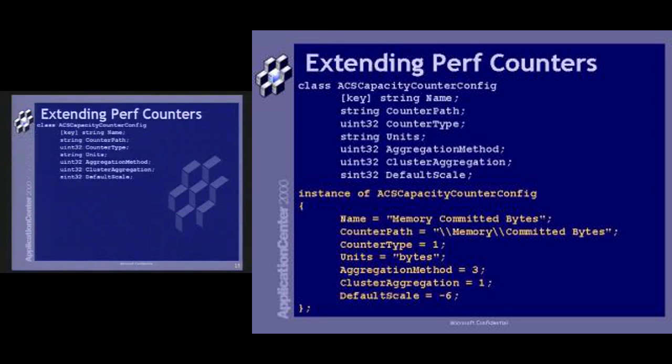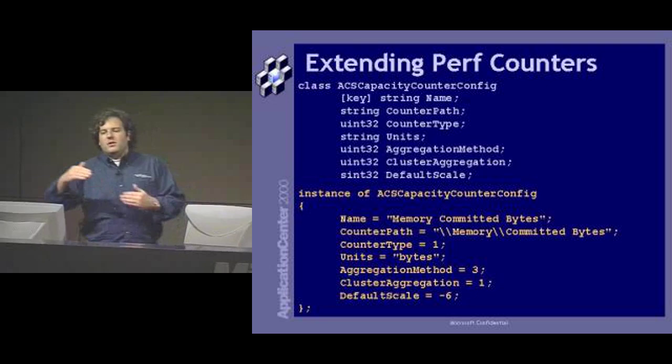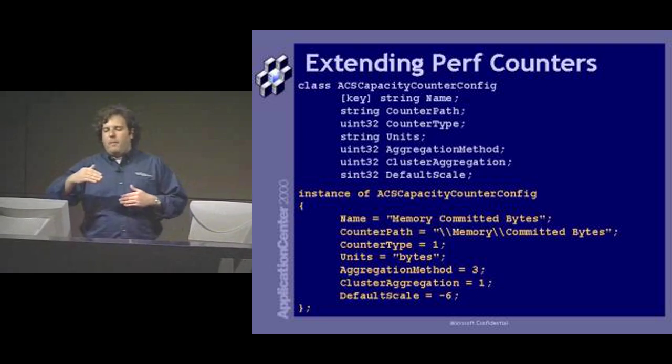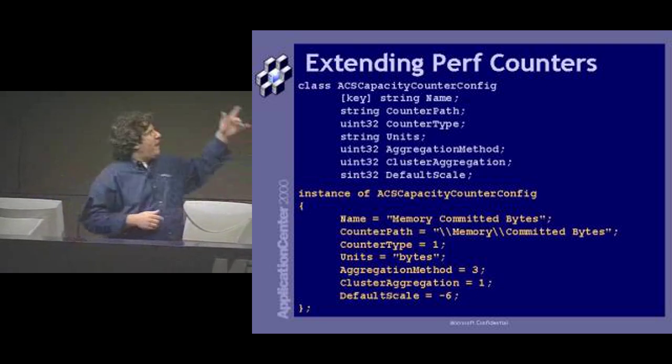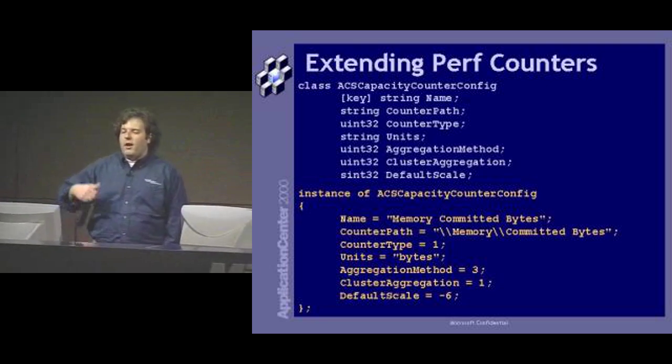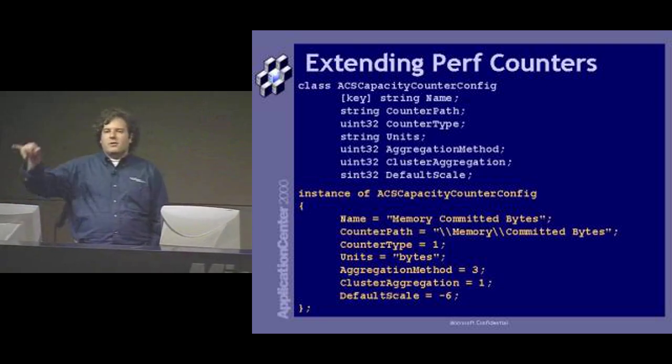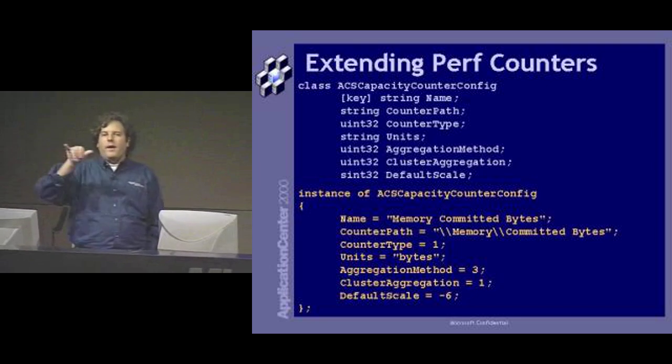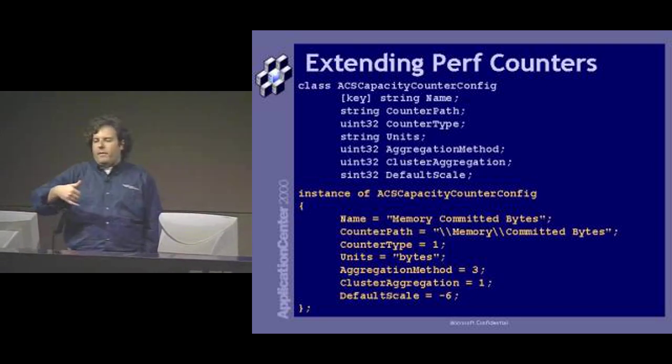Well, the format, since the counter data is stored in WMI, the way you move information into WMI is through a MOF file. So this is the format of the MOF that we use to store performance counter data. You specify the name of the counter. This is both what displays in the UI and is the unique key for that counter.